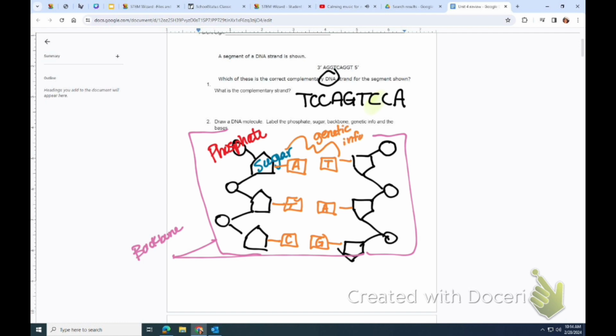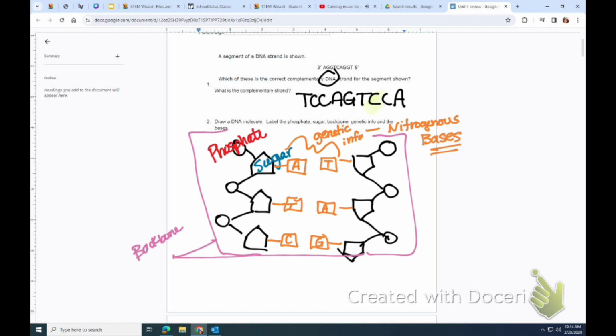Now, we saw yesterday in our one-pagers, there was a little bit of confusion that the genetic information is actually what we call nitrogenous bases. Those bases, adenine, thymine, guanine, and cytosine, are the genetic information. The only thing that changes from individual to individual is the order in which those bases occur.